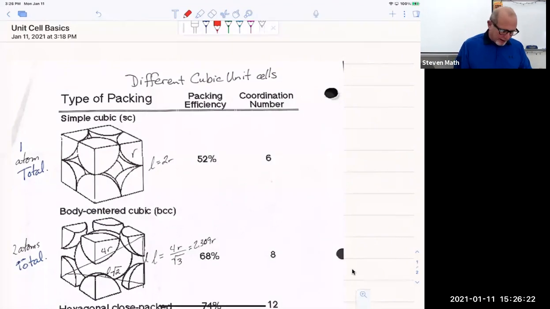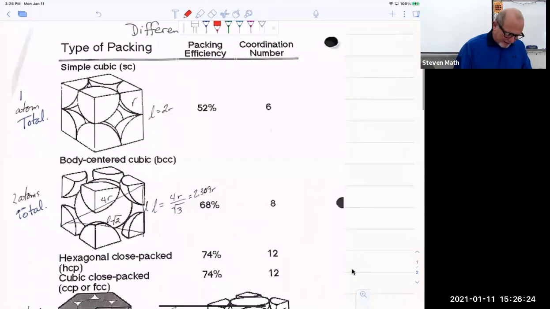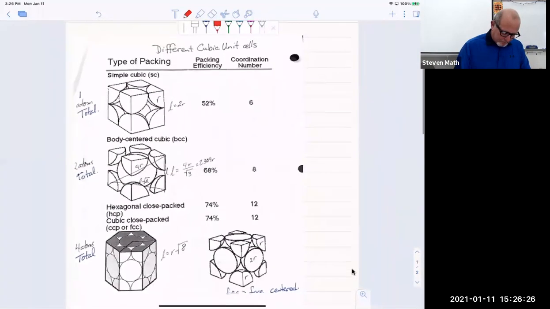If you check out the diagram, I have the three different types of cubic unit cells. We have a simple cubic unit cell, and simple cubic means simply that the atoms are going to rest on the corners of the unit cell, and that the atoms are going to touch along each edge.